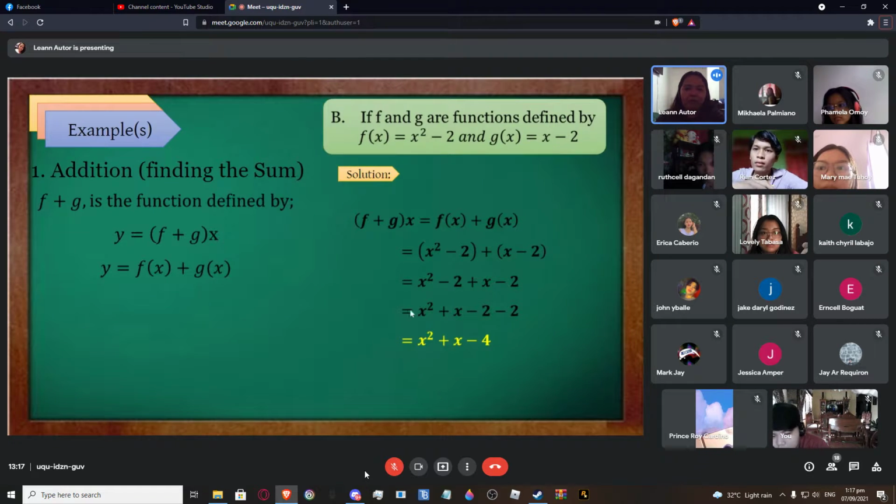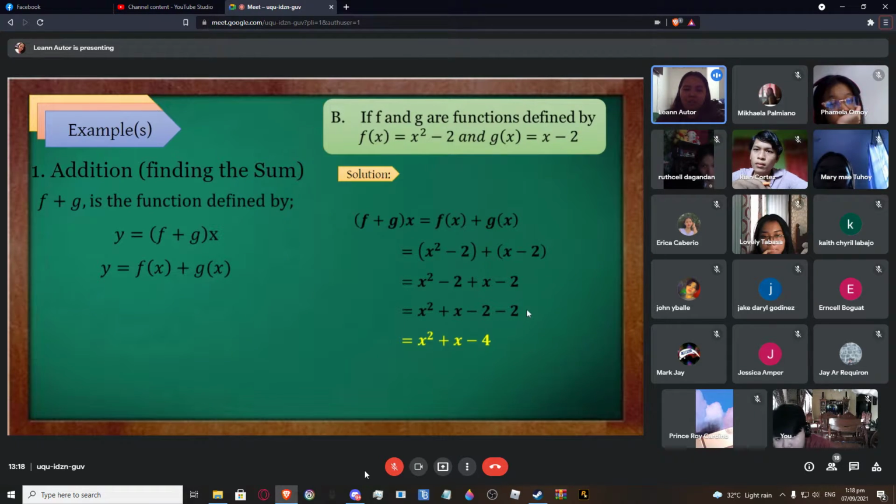Okay, so again, the same ra gihapon ang gibuhat. Copy the formula and then just copy the value of f of x, copy the value of g of x, and then gikuha sa parenthesis, remove the parenthesis, and then arrange. Alright? And then, right after arranging, solve ang need pa i-solve.